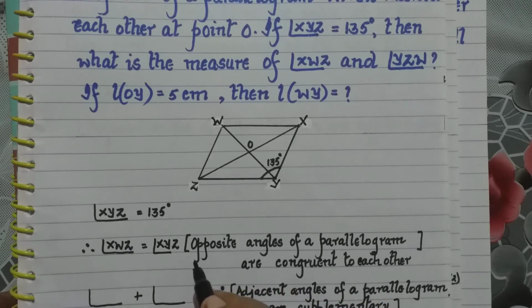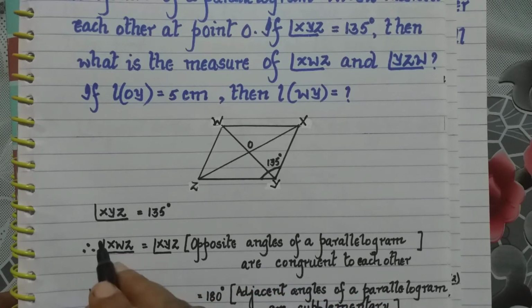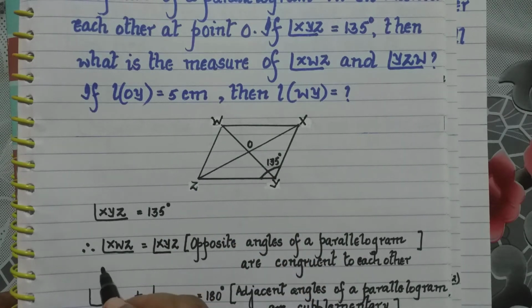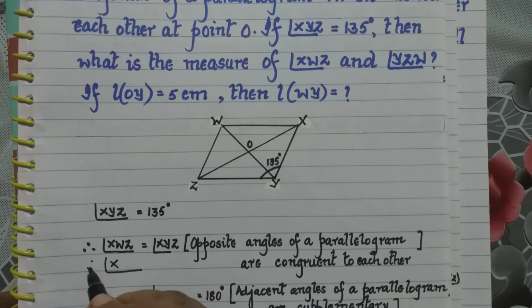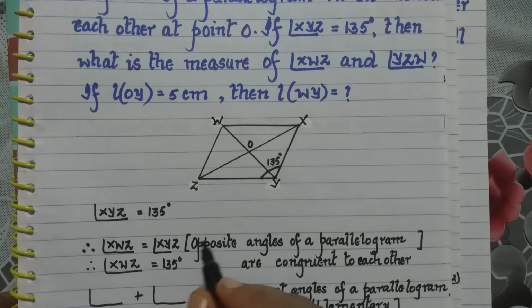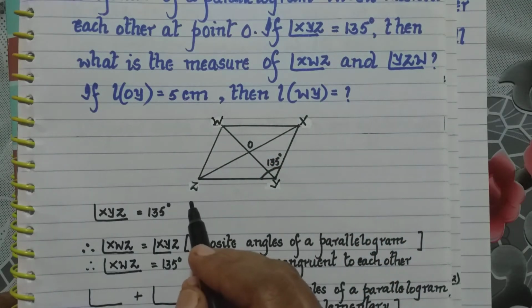So, if they are congruent to each other, measure of angle XWZ also will be 135 degrees. So, I write, therefore, angle XWZ is equal to 135 degrees. Okay, so we have got the measure of this.